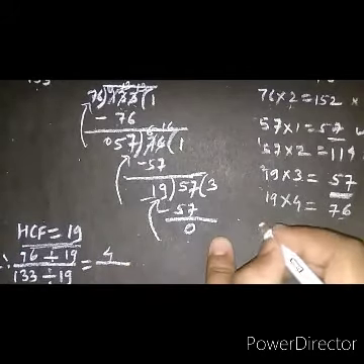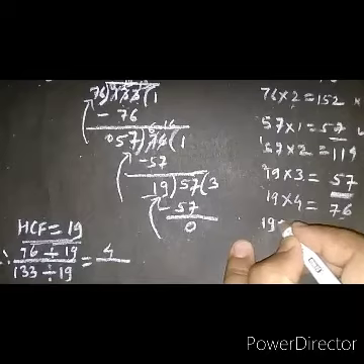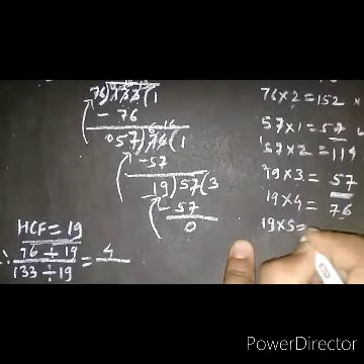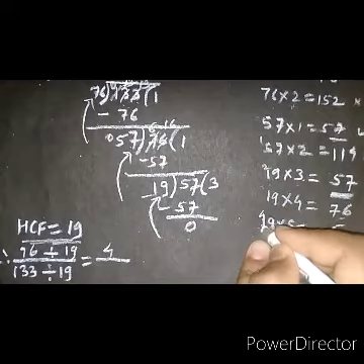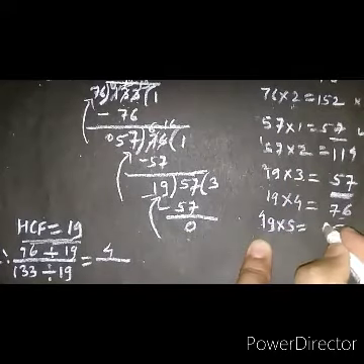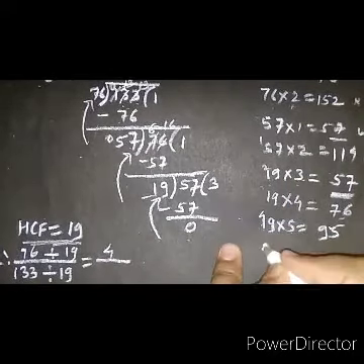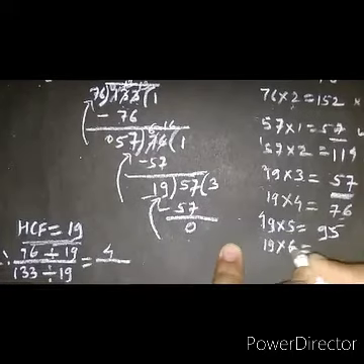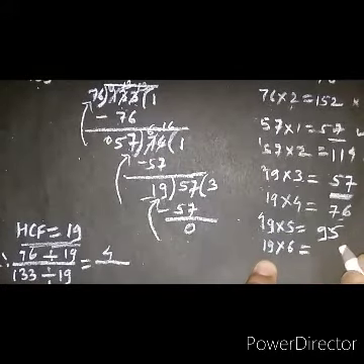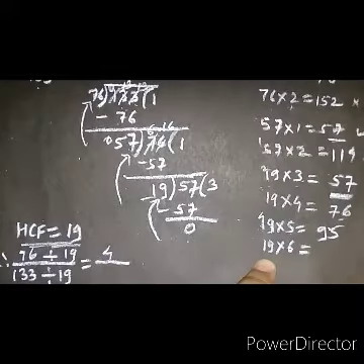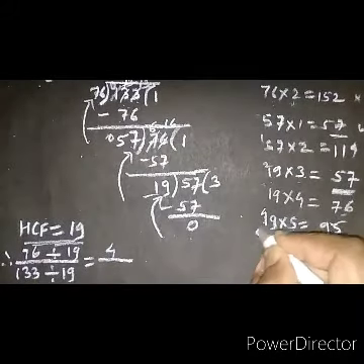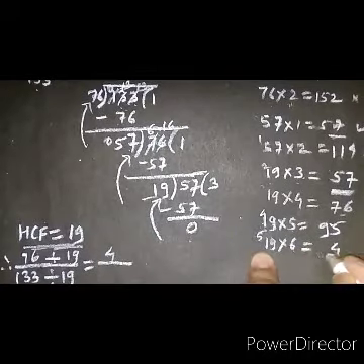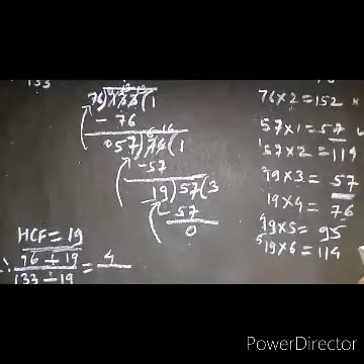And see, 19 5s are, let us check, 5 9s are 45, 4 carry, 5 1s are 5 plus 4, 9. Now 19 into 6, 9 6s are 54, 5 carry, 6 1s are 6 plus 5, 11, 114.